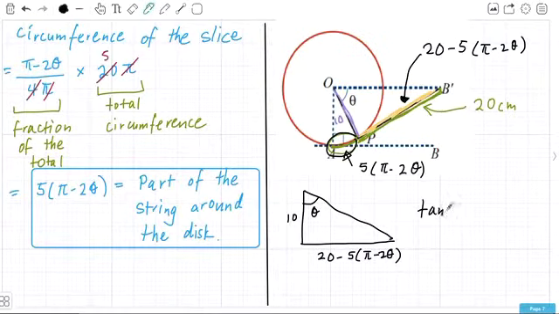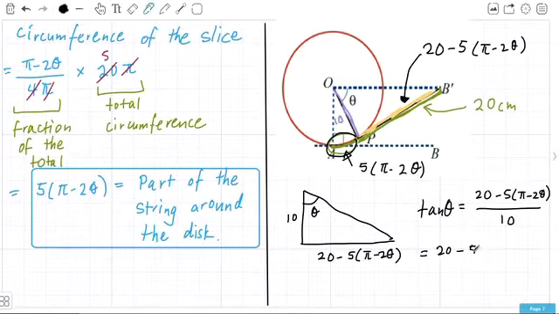We know tan theta equals opposite, 20 take 5(pi - 2 theta), over the adjacent, which is 10. And all I'm going to do now is just expand that out. So I've got 20 take 5 pi plus 10 theta all over 10, like that.